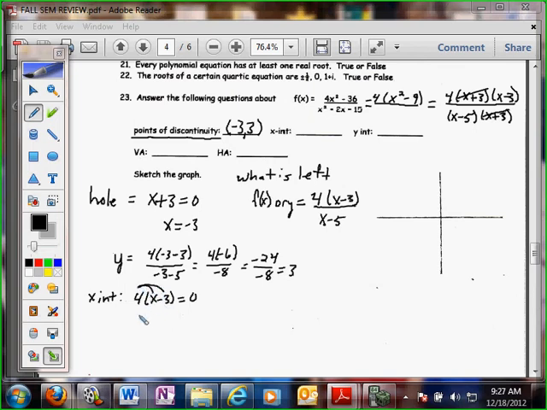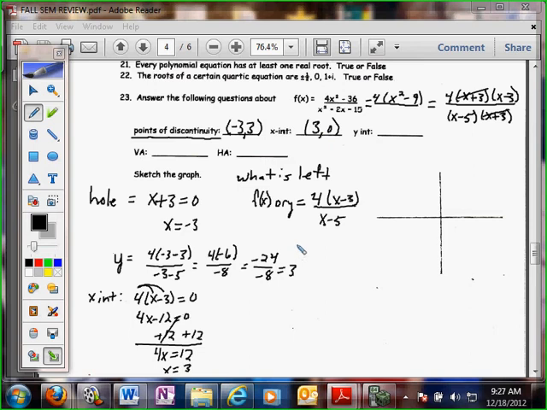Let's distribute the 4. 4x minus 12 equals 0. Add 12 to each side. 4x equals 12, and x is 3. So my x-intercept is 3, or 3 comma 0.